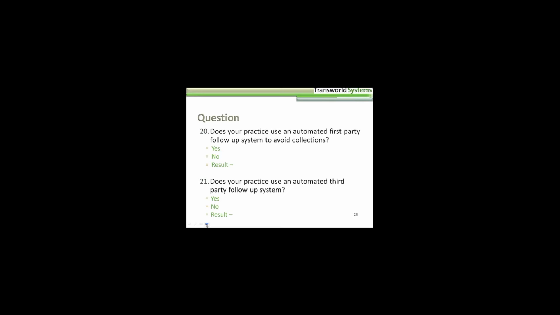For third party, this is at TransWorld Systems our profit recovery service. It's identical in methodology, the 5 contacts alternating between letters and phone calls, only it's made in the agency's name. So question number 20 is a polling question: Does your practice use an automated first-party follow-up system to avoid having to send patients to traditional collections?